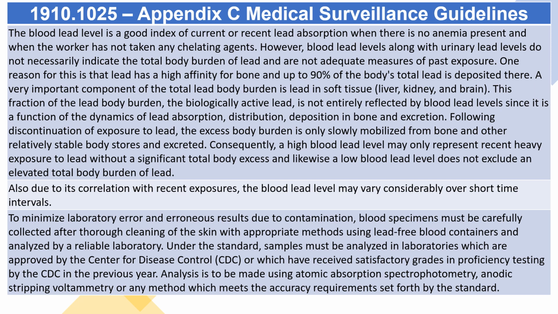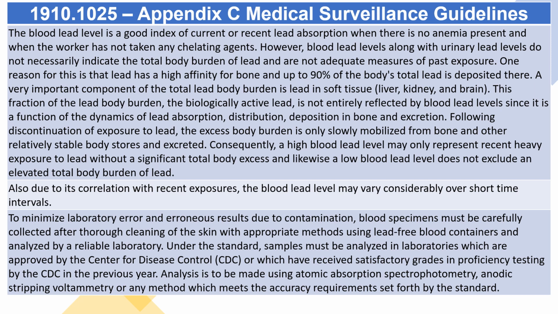A very important component of the total lead body burden is lead in soft tissue, liver, kidney, and brain. This fraction of the lead body burden, the biologically active lead, is not entirely reflected by blood lead levels since it is a function of the dynamics of lead absorption, distribution, deposition in bone and excretion.